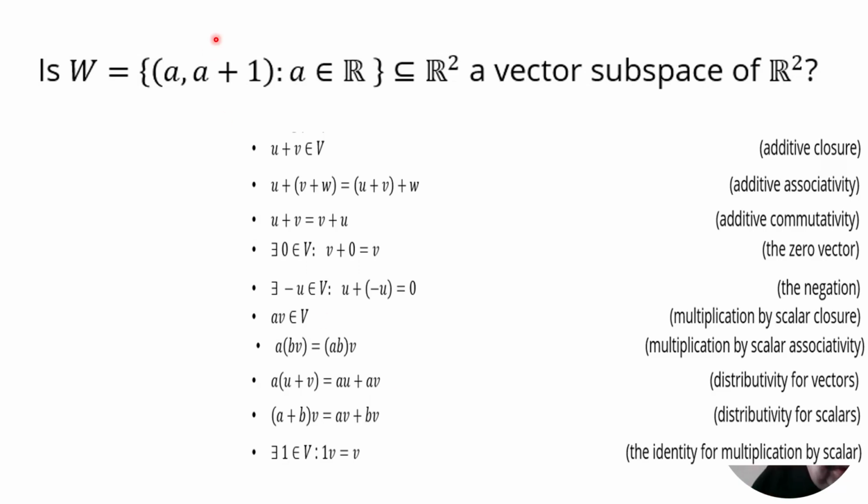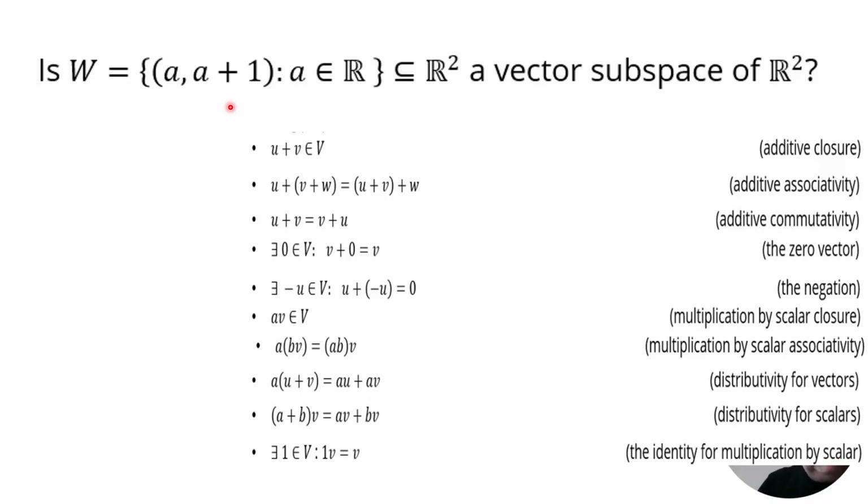If I have (A, A plus 1) and add (B, B plus 1), the result will be A plus B for the first component, while the second component is going to be A plus B plus 2, which is not in this form of your vector space. So addition closure doesn't hold.